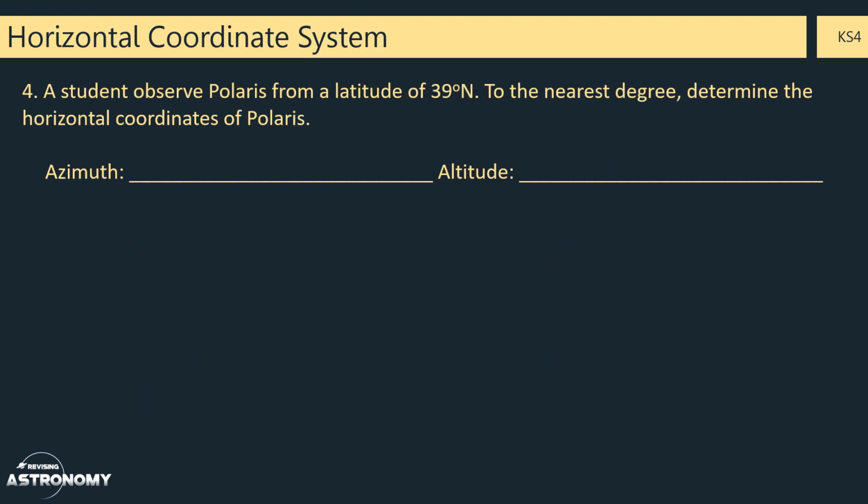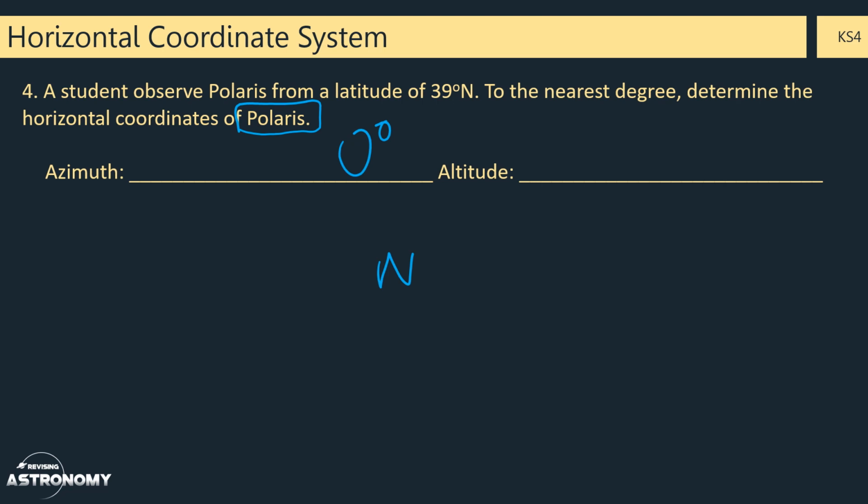Okay, so a student observes Polaris from a latitude of 39 degrees north. To the nearest degree, determine the horizontal coordinates of Polaris. Now this at first seems a little bit trickier because we're not given a direction. However, we know that we're looking at Polaris. Polaris obviously being the North Star, the azimuth will be north, so 0 degrees.